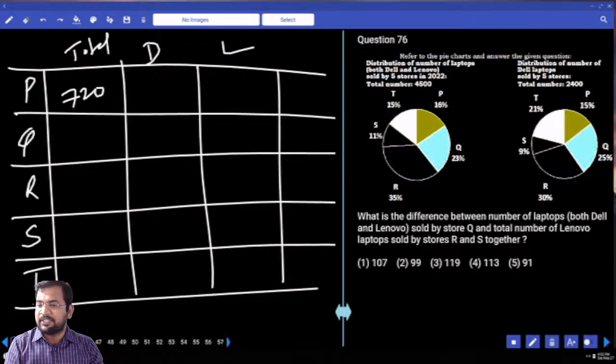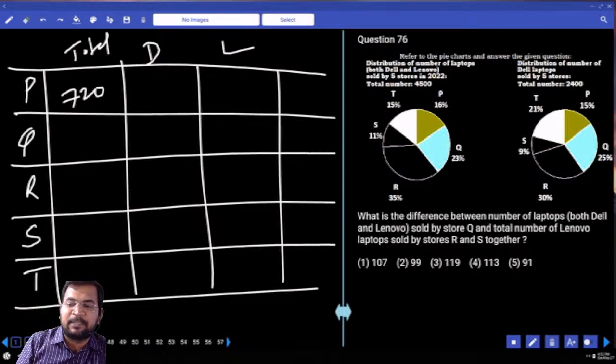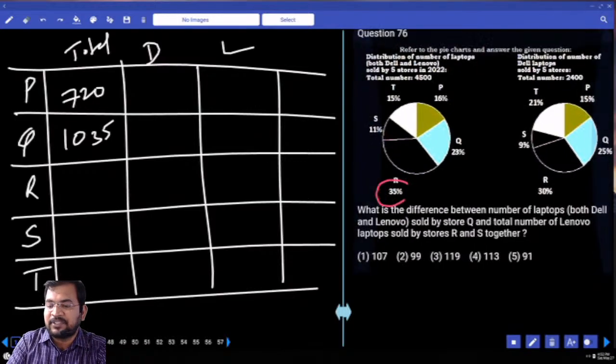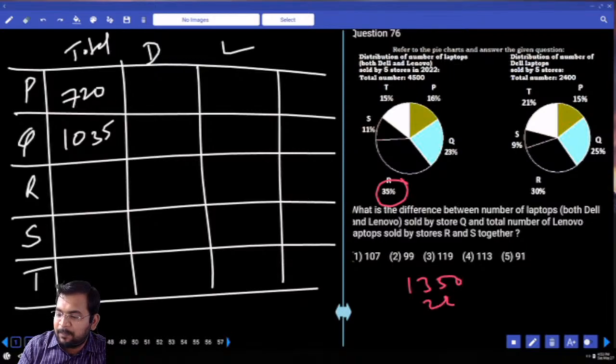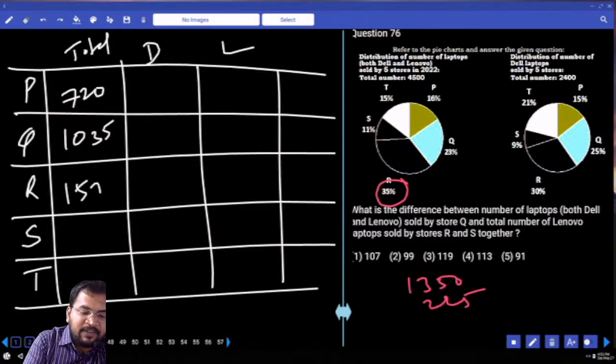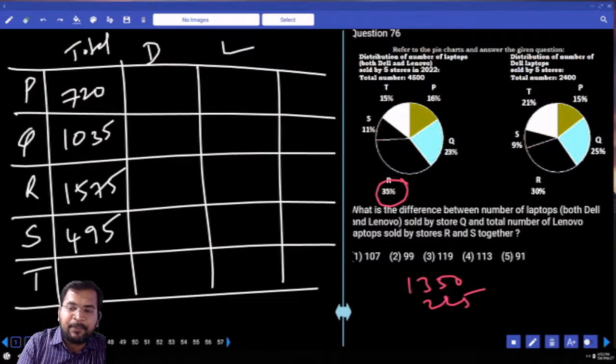Next 23%: 23 times 45. 20% is 900, 3% is 135, so 900 plus 135 is 1035. 35%: 30% is 1350, 5% is 225, so 1575. 11%: 11 times 45 is 495. 15%: 10% is 450, 5% is 225, together 675.